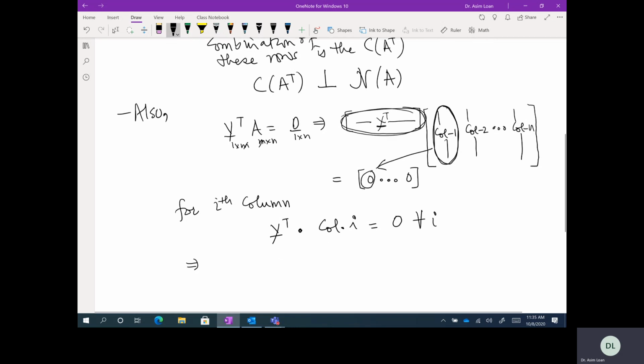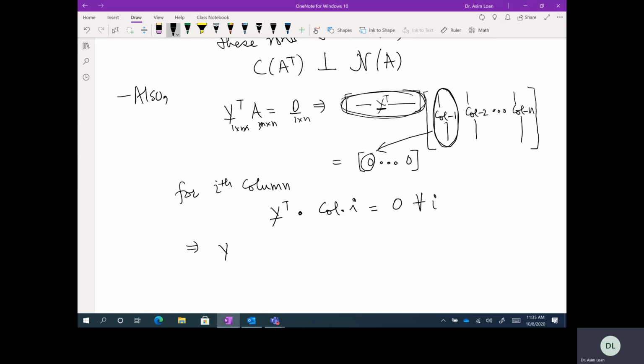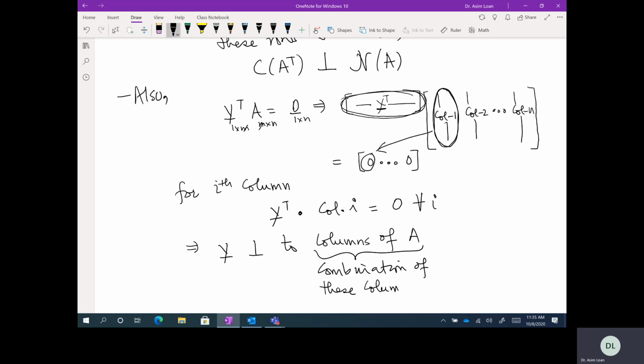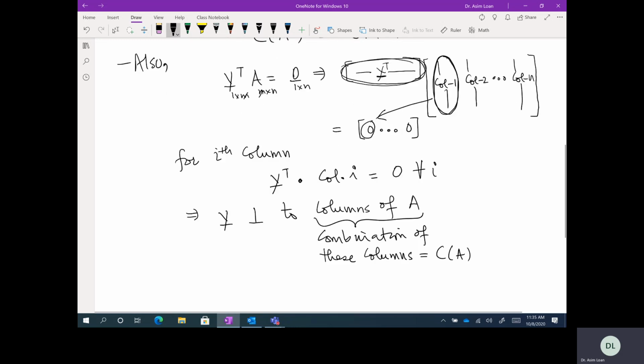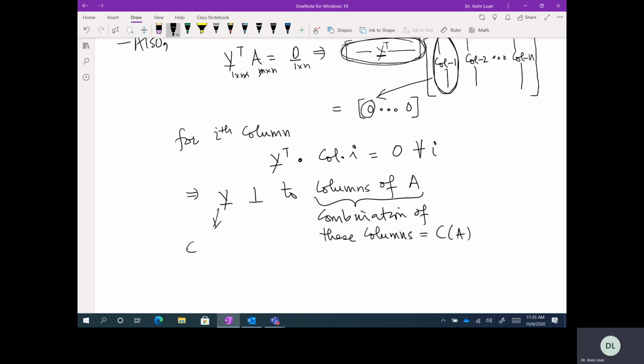This implies y is orthogonal to the columns of A, but combinations of the columns of A give the column space of A, and y belongs to the left null space.